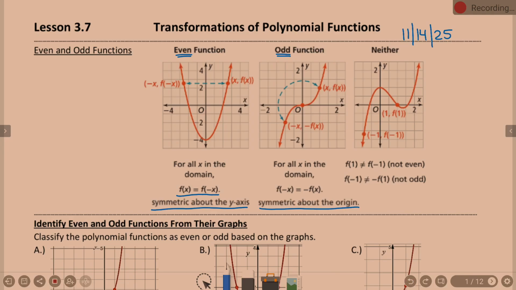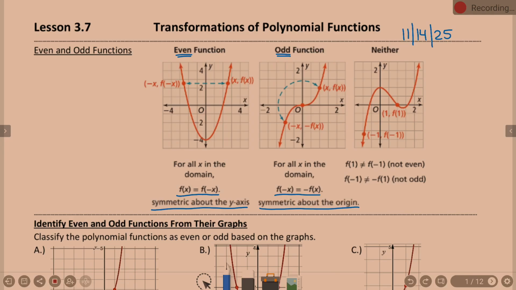So you can separate a quadrant out, reflect it across both axes, and it lands on top of itself. That's what symmetric about the origin is. We'll also have an algebraic definition: f of negative x equals negative f of x. Again, we'll go through that.